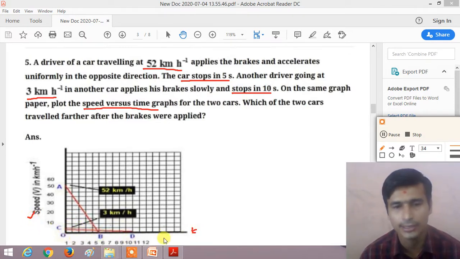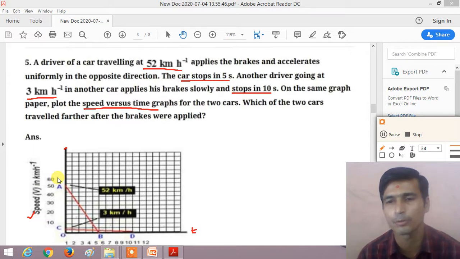On the x-axis we take time t: 1 second, 2 second, 3, 4, 5, 6, 7, 8, 9, 10, 11 and 12 seconds. On the y-axis we take speed v in kilometer per hour: 10, 20, 30, 40, 50 and 60.